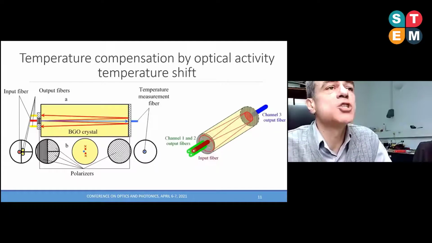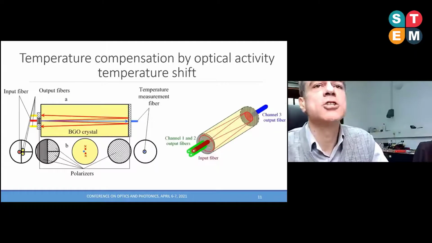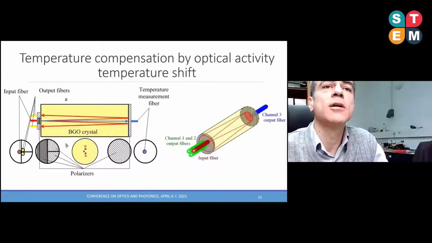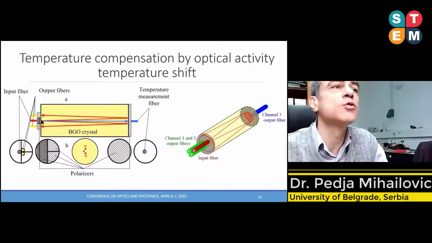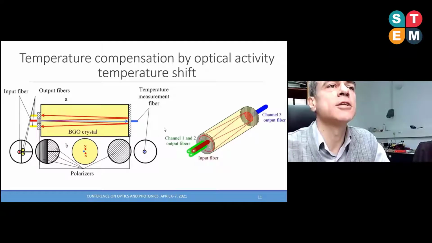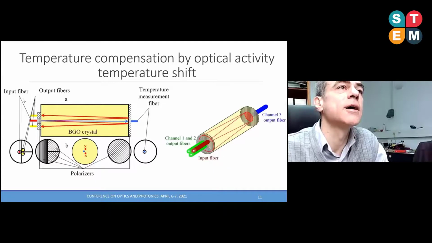Here you can see a measurement head that consists of 4 channels. One channel is the input, and this channel is bringing the light to the measurement head. And we have 2 channels in reflection and 1 channel in transmission. I'm going to remind you that optical activity is a reciprocal effect, and Faraday rotation is a non-reciprocal effect. So basically in these reflection channels, optical activity will cancel itself.